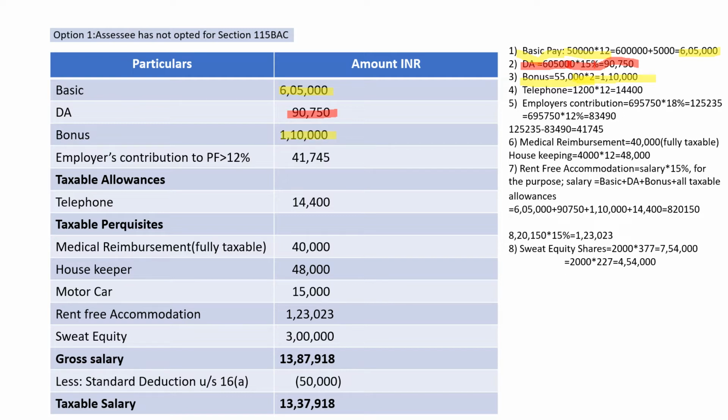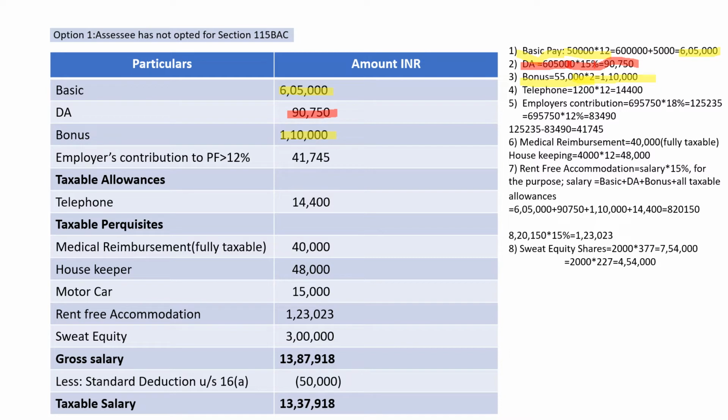Then employer's contribution to PF, that is 12%. Up to 12% is exempt.